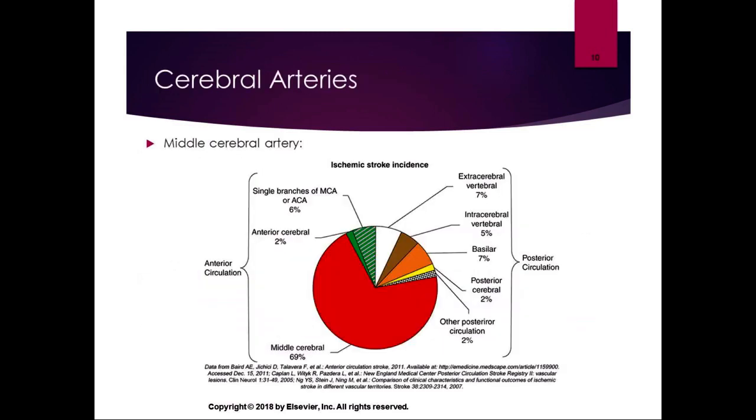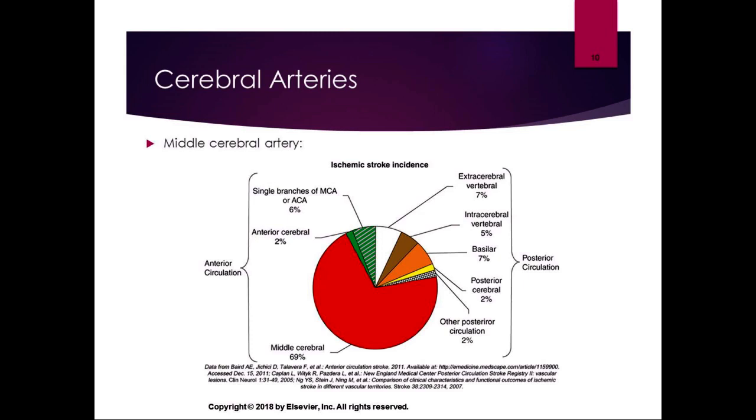Of all of the ischemic stroke incidents in cerebral arteries, by far the majority of them are in the middle cerebral artery. So this graph is from the book, and it is the pie chart. And that big red area, 69% of ischemic strokes happen in the middle cerebral artery.